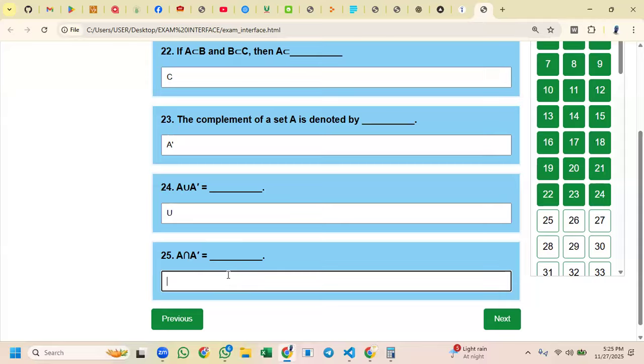They will not have anything in common. It's an empty set. So I think we can do it like this.